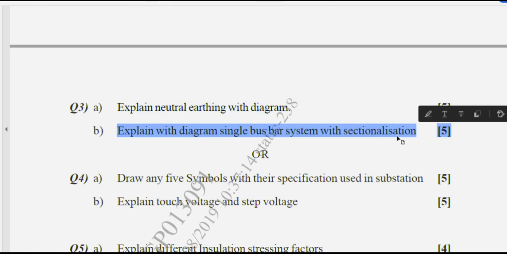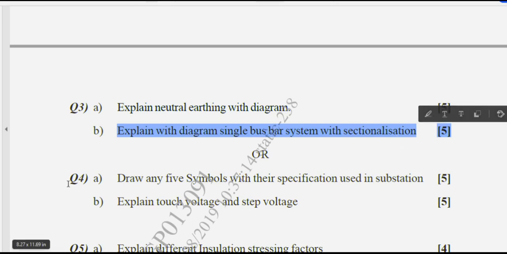After that, you have to write the advantages and disadvantages. Those who have missed this lecture can watch it with this name on my YouTube channel, and after writing all these points, you will surely get 4 to 5 marks easily.